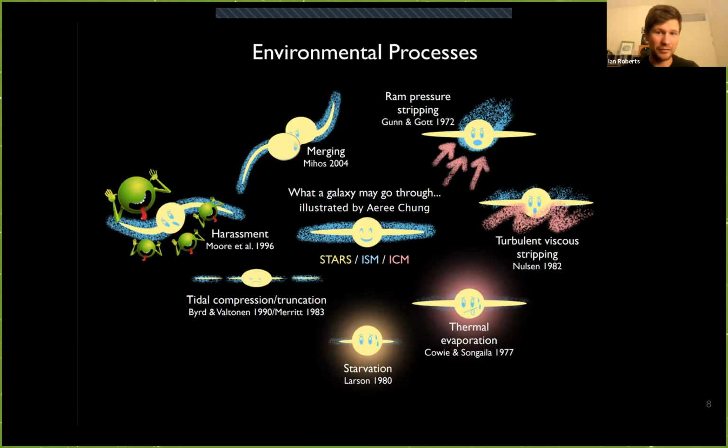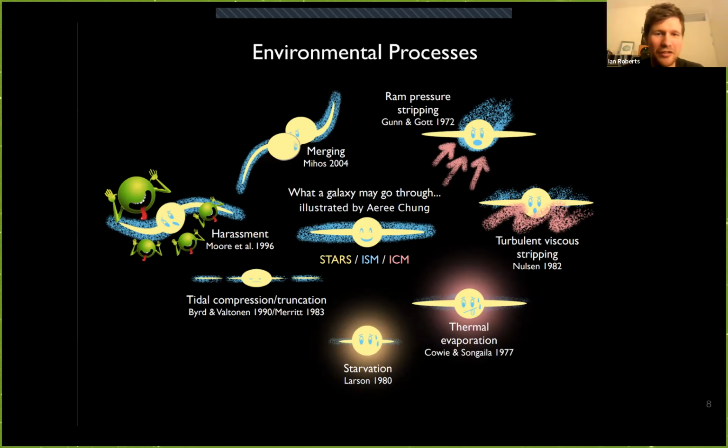What physical mechanisms, which must be specific to dense environments like groups and clusters, are shutting off star formation in these galaxies? So this is a favorite cartoon of, I think, many people who work in this area. This was put together by Ari Chung, and it's highlighting some of the different physical processes which have been put forward in the literature to try and explain this phenomenon.